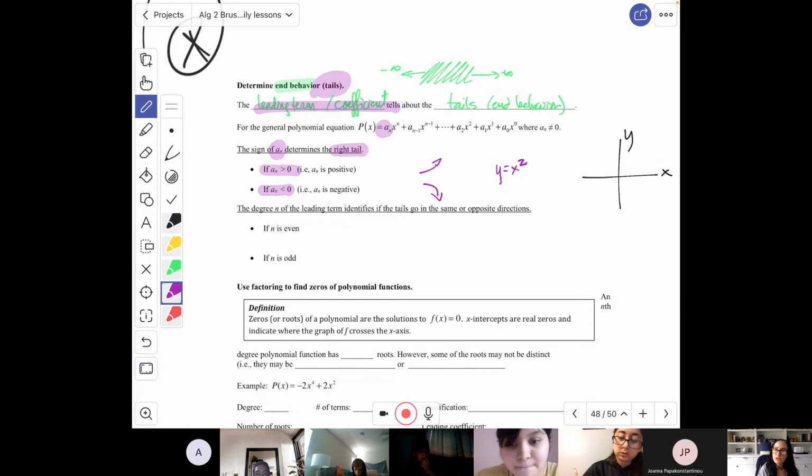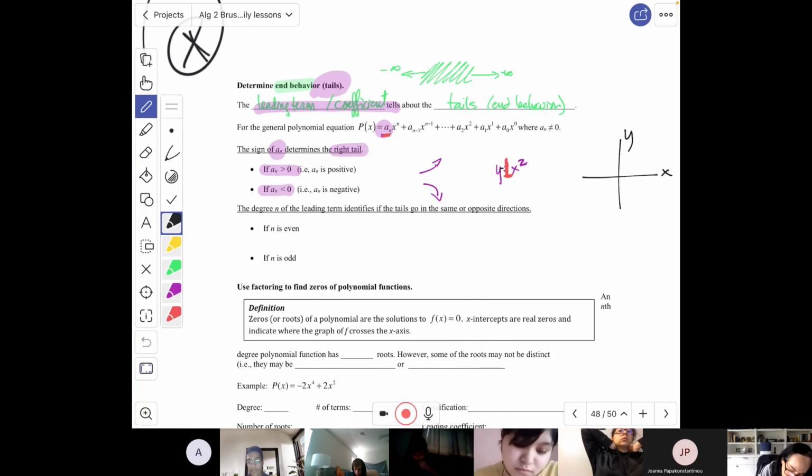What is the leading coefficient to x squared? 2? 2 is the degree. The degree is 2. It is a quadratic equation, but what is the leading coefficient? What is a sub 2, so to speak? What is the leading coefficient here? 1. 1 is positive, right?